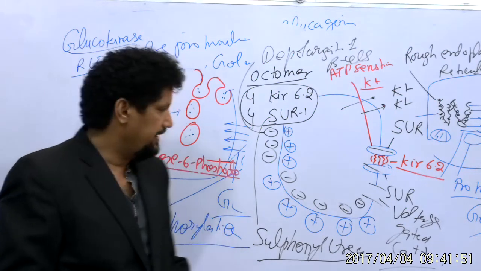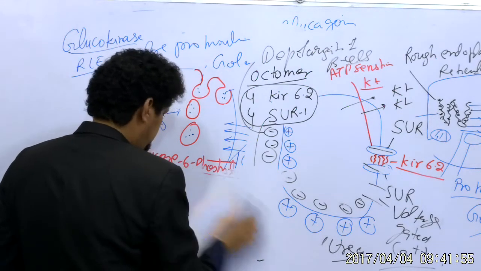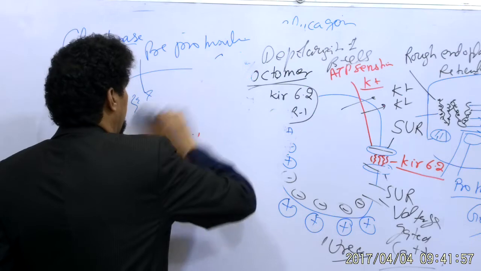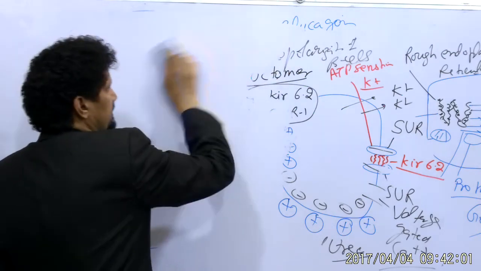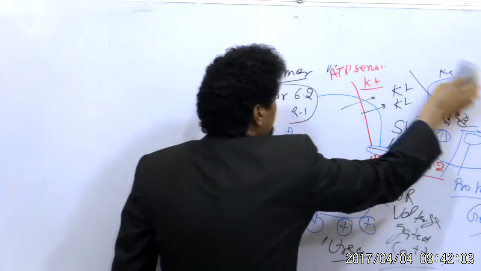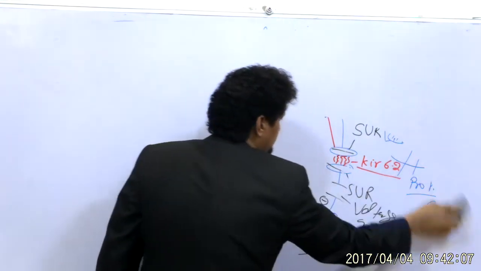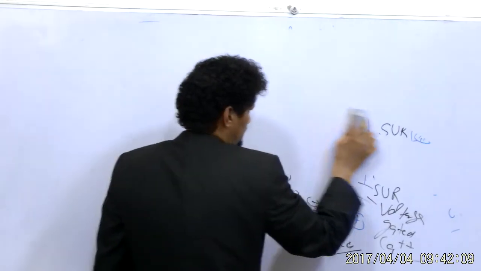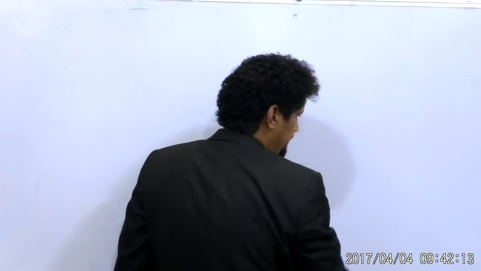Now, this insulin with the bloodstream first of all reaches the liver through the portal vein, and then from the liver to the heart, and it is pumped into the body by the left ventricle.